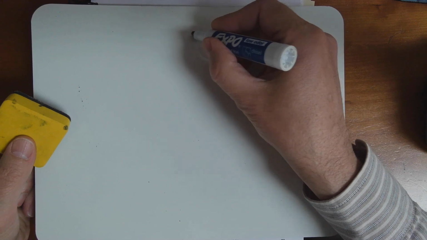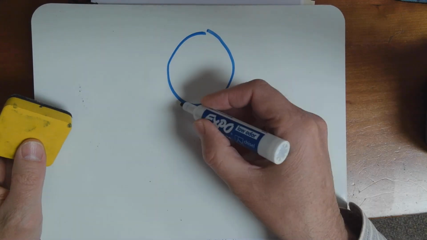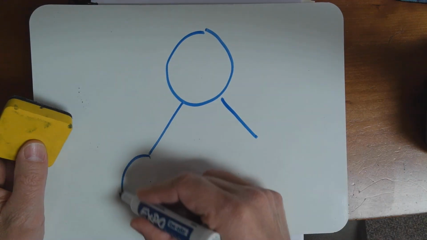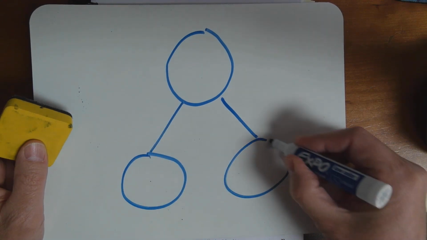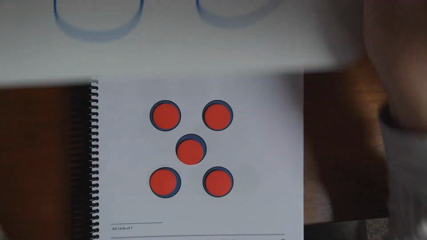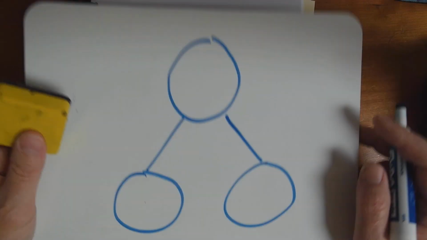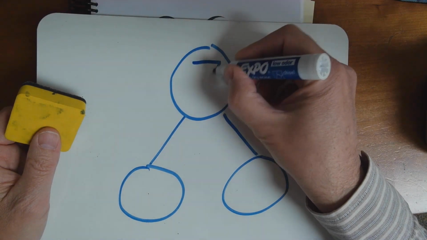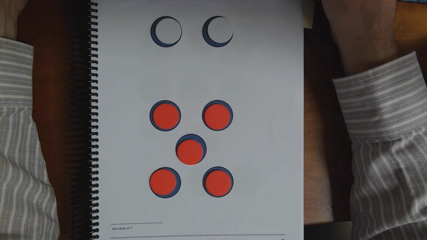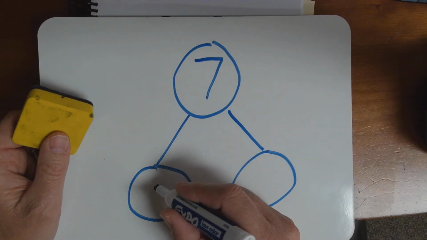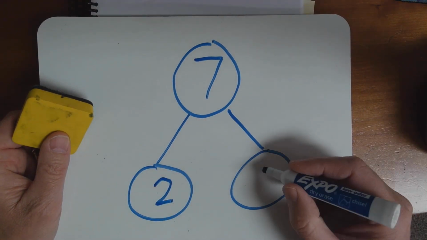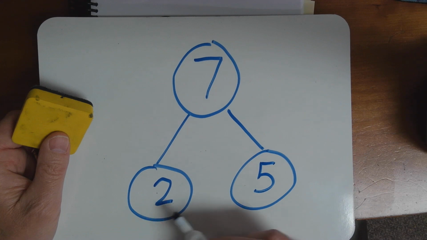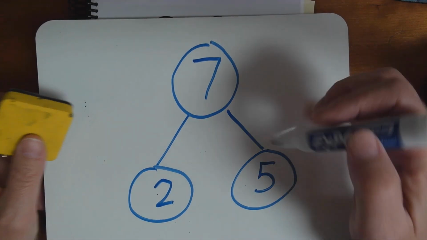Now, we're looking at number bonds, so we're going to do a little bit of review for number bonds here. My whole and my parts. What's my whole for this one right here? The whole is 7. And my 2 parts, 2 and 5. 2 and 5 make 7.